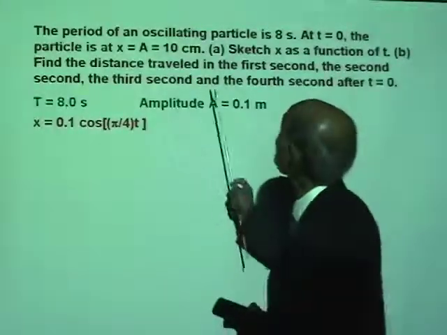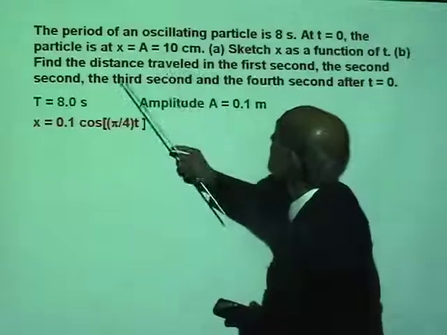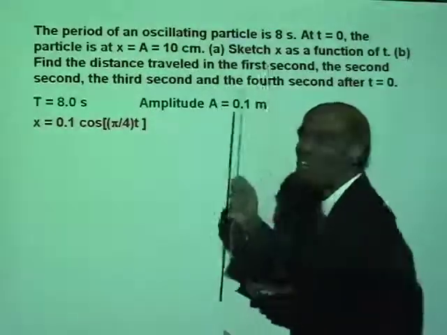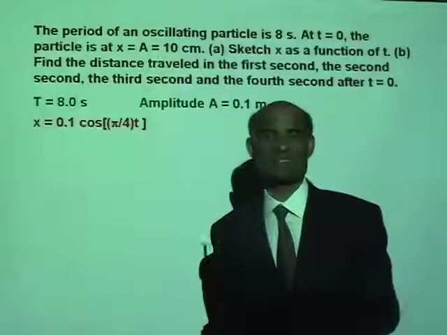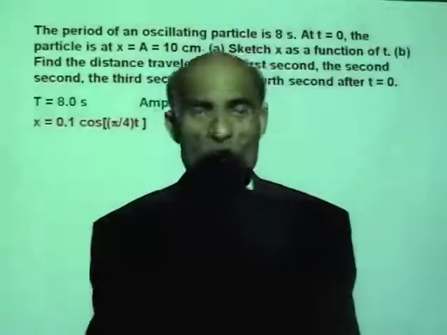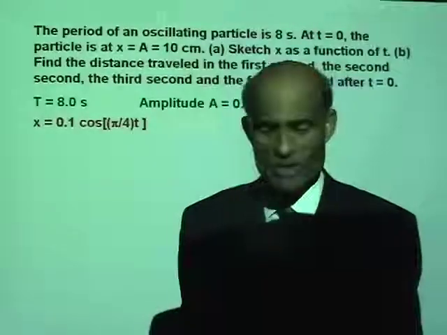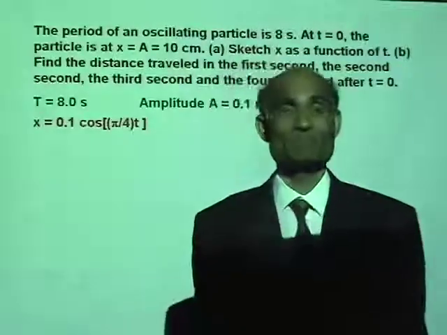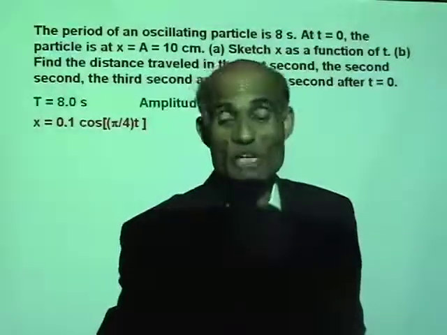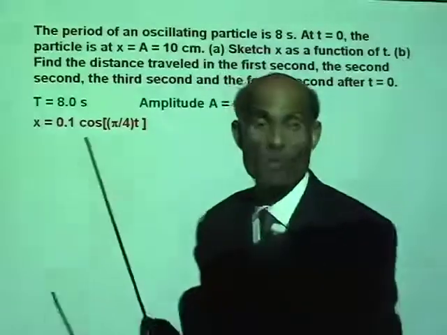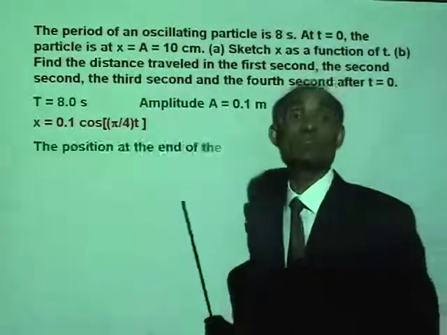Now what do we need to do now? We need to find the distance traveled in the first second. Now, how do you calculate the distance traveled in the first second? Well, we need to find the position when t equals 1.